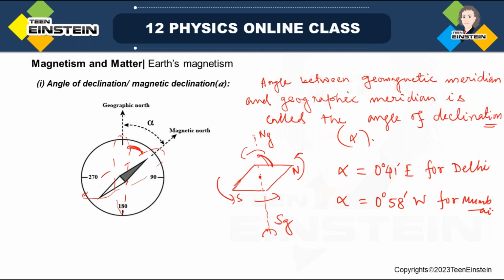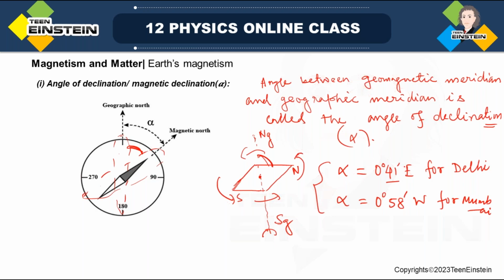This means the north pole of a compass needle almost points to the direction of geographic north in case of India. So it is very small, right? 41 minutes at Delhi and 58 minutes west at Mumbai.